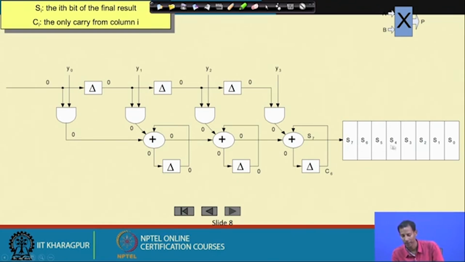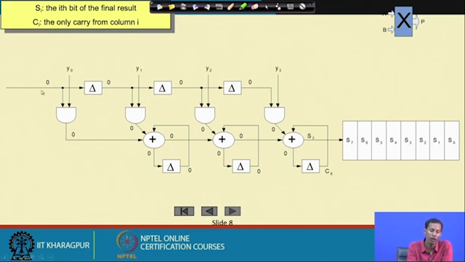Then S0, S1, S2, S3. Then again in the next, S0, S1, S2, S3, S4. In this manner, at the very last, S0 will come over here and S7 will fill here. After that I will get the corresponding output of the 4-bit multiplication operation.